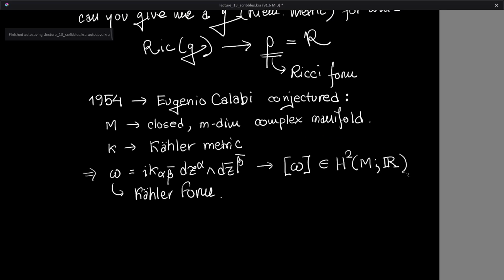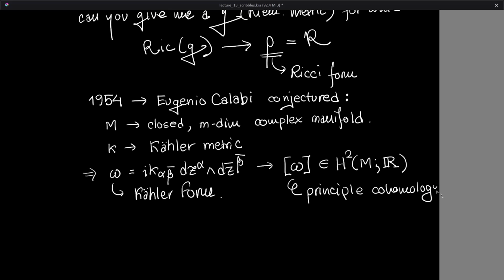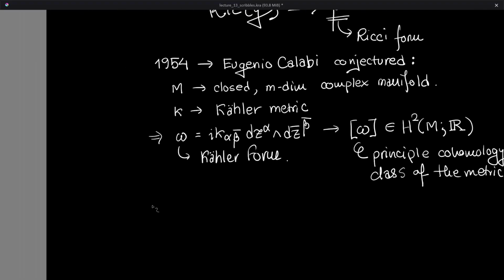Because remember, the Kähler form is in fact real even though it's in terms of complex numbers, because it has that property where it's equal to its conjugate. So this is called the principal cohomology class of the metric, in this case K. Then we will have R, which is our name for the Ricci curvature tensor field.